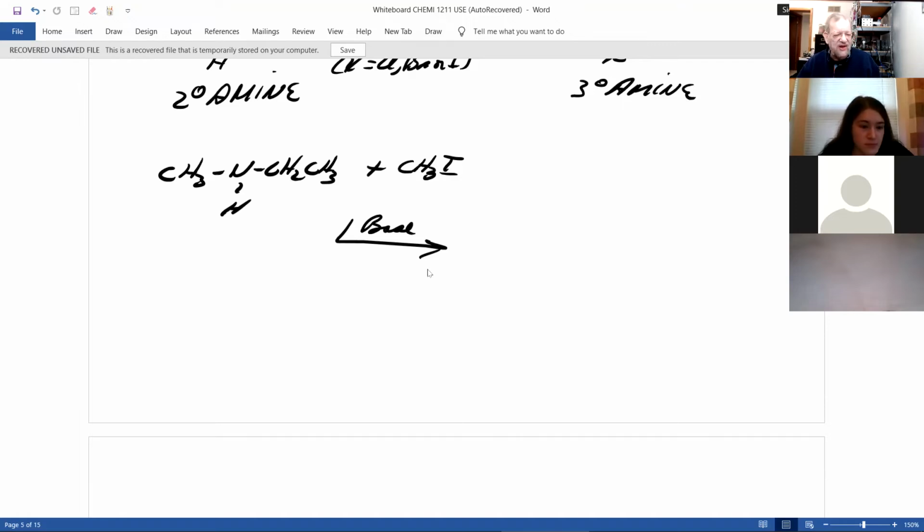All right, let's take a look at this. What's different? What's not carbon or hydrogen? Oh, nitrogen. It's got an R group here and a different R group, alkyl group there, and a hydrogen. This is a secondary amine. Oh, carbon, oh, halogen, that's an alkyl halide.